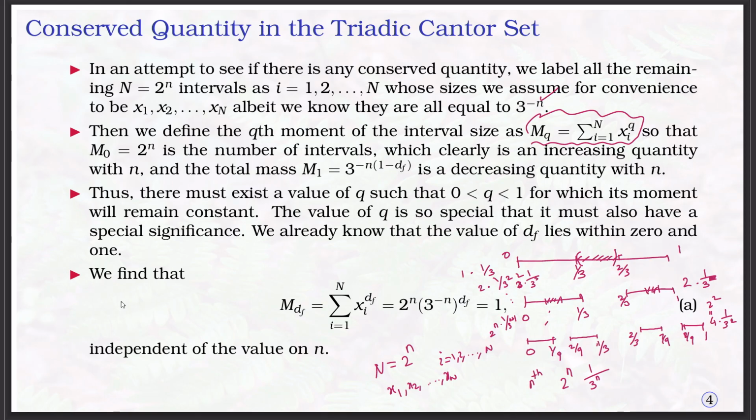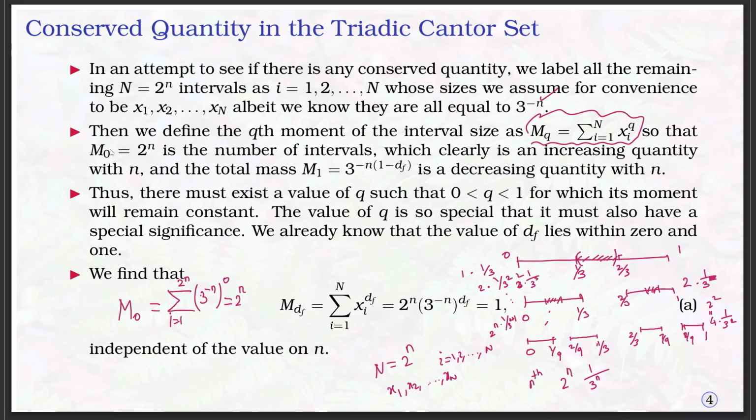Now, if we take the zeroth moment, what will we get? Summation i equal to 1 to 2 power n, each xi has the length 3 power minus n, raised to the power q, where q is 0. So one gets 2 power n.